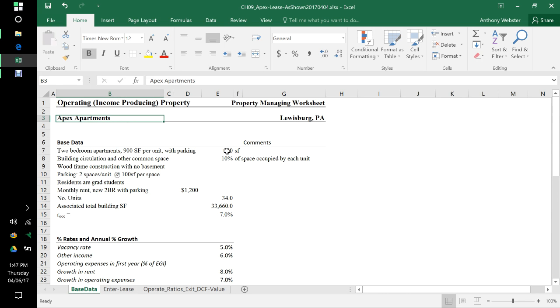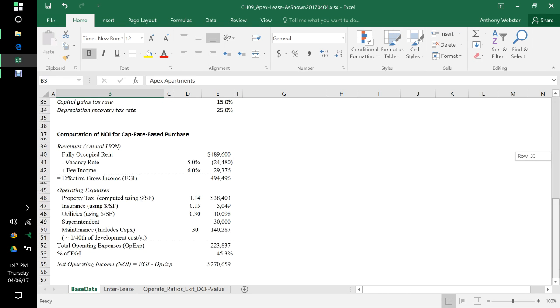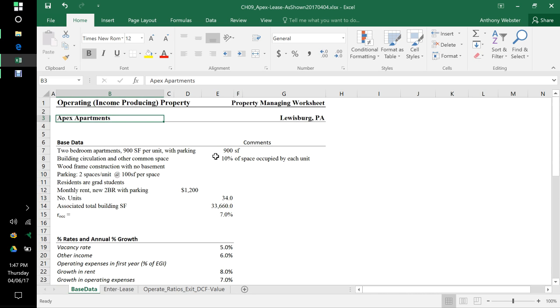As usual, we have all of our base data on one page, everything we're going to need to refer to that might change as a result of the lender making a change or your managing director making a change. So you have it here and you don't hard code it in later on.